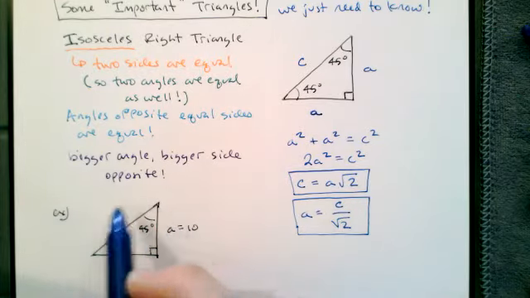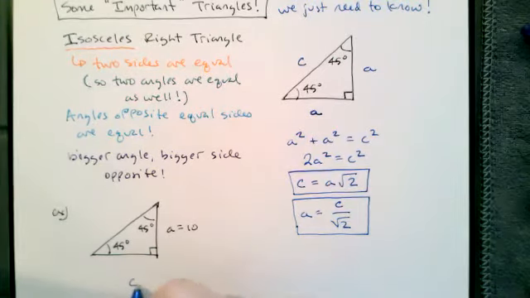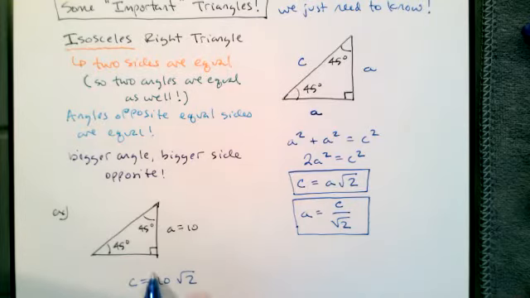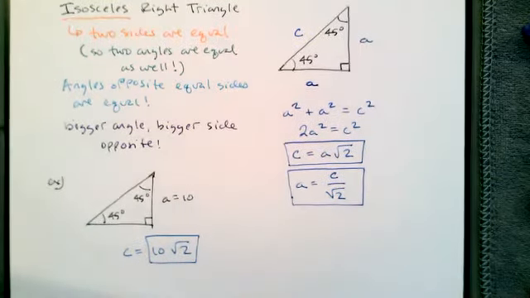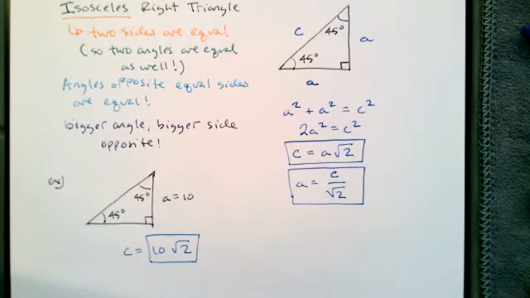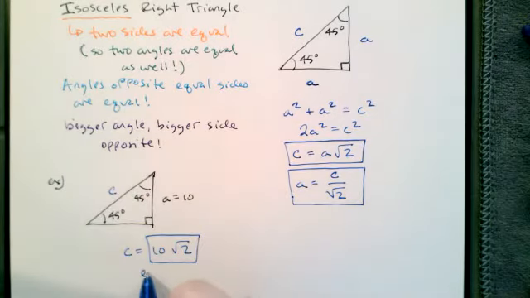We can say this is an isosceles right triangle, and the hypotenuse C is just 10 times the square root of 2. When we write it this way, with the square root symbol, we are writing the exact value of C. So we refer to this as the exact value.